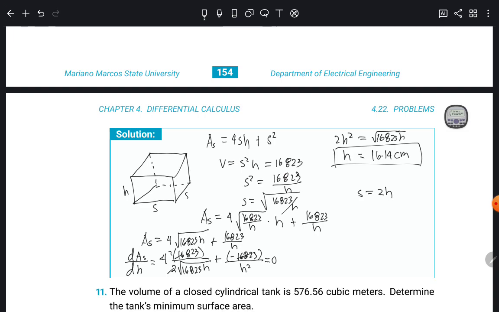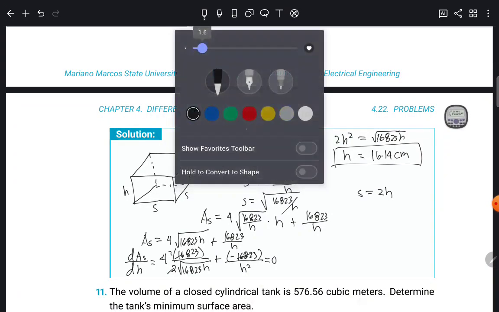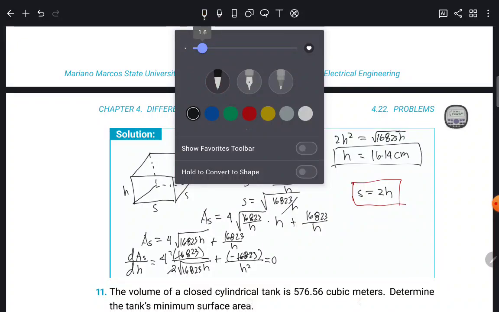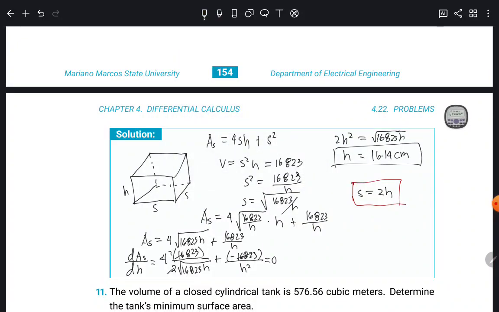So this is the condition. You can memorize this one if you want. It's just a derived formula also. It's derived using calculus. So if you remember this one, then S is twice H.